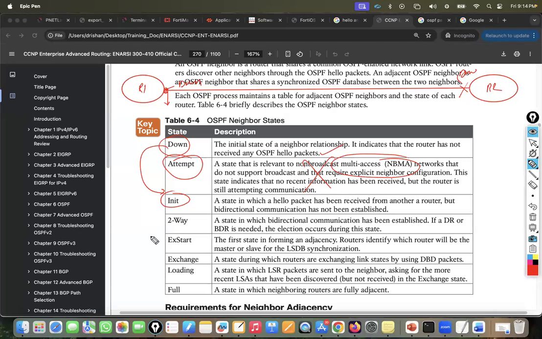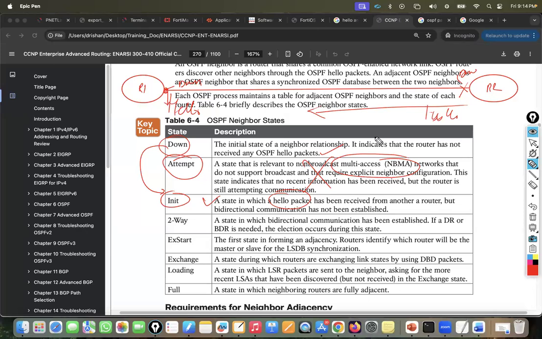After that, once down, attempt and init are done, the routers start talking to each other. This is the state where the hello packet is exchanged from one router, and it also sends a hello packet to the other router. The parameters are going to be matched, whether all the information is there or not.